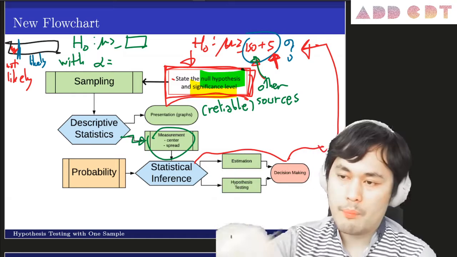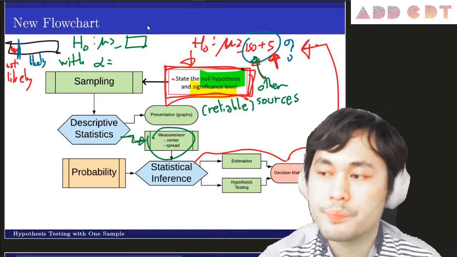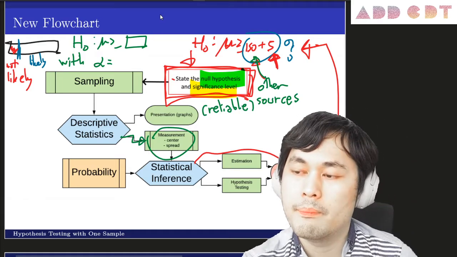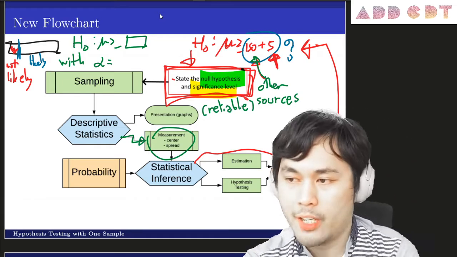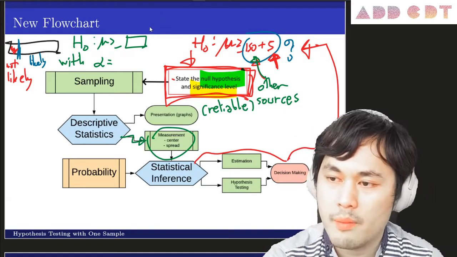So you have to have these two things in mind before you start to take your samples, so that the sample will not affect your original decision. There will be no bias in your experiment.